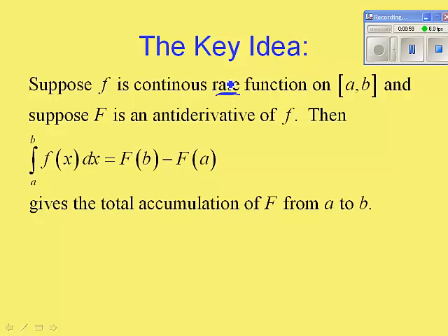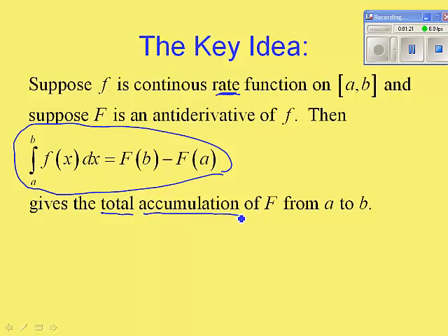If little f is a rate of change function, and big F is the antiderivative of little f, well, then we know we can integrate, right? This is what the fundamental theorem says. But now here's what it means. What it gives you is the total accumulation of big F from a to b. The total accumulation.